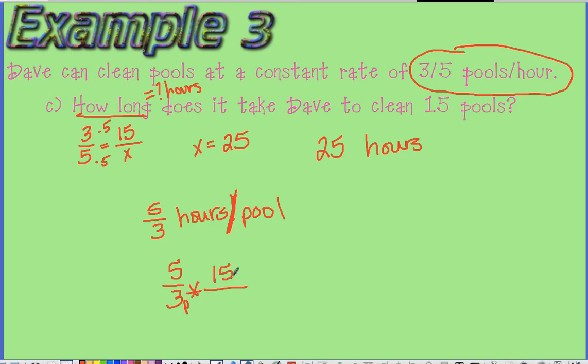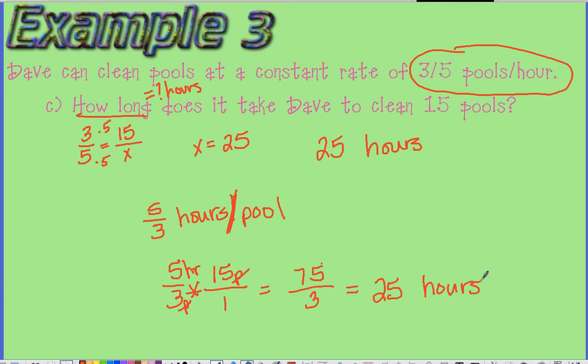So we have pools and pools. Those cancel each other out, so we're left with hours. I get 5, and remember, when you have a whole number, we always put that over 1. 5 times 15, so we do 5 times 5 is 25, carry the 2. 1 times 5 is 5, plus 2 is 7, over 3. 75 divided by 3 is 25, so it'll take him 25 hours to clean 15 pools.